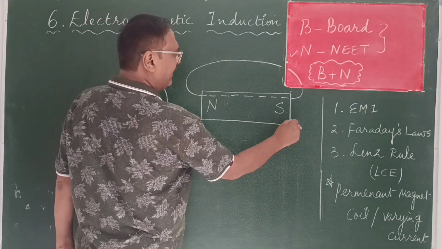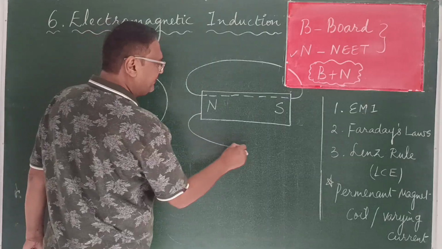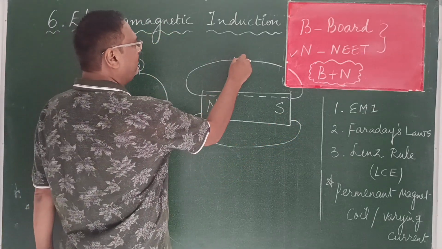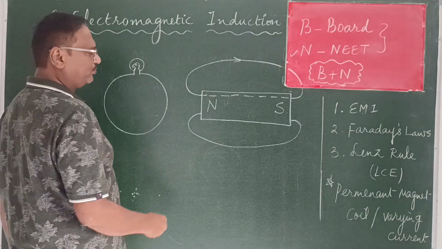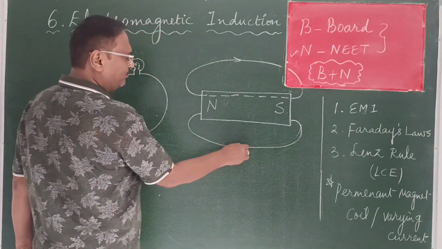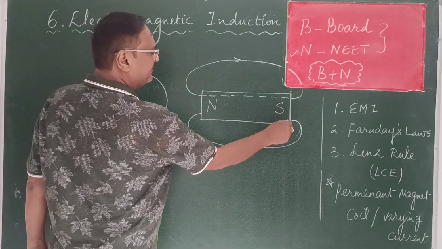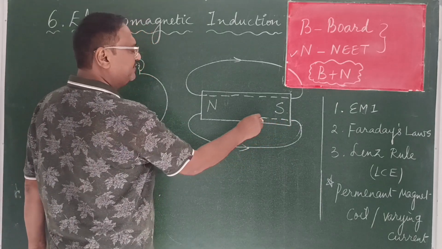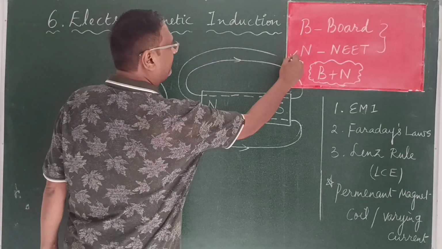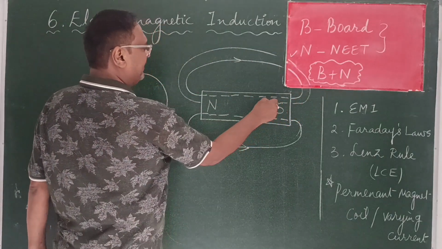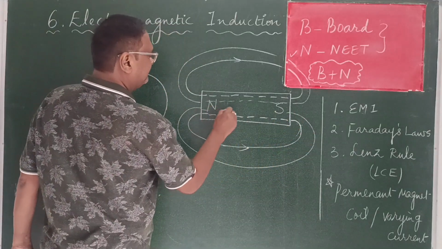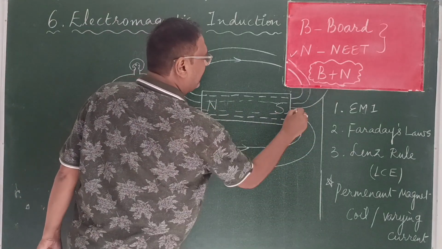Now if I take another field line from the North Pole, it starts from the North Pole and ends in the South Pole. Again, inside the magnet it will go from North Pole to South Pole. Let me take one more for our reference, and another one on this side, and we can have more like this.